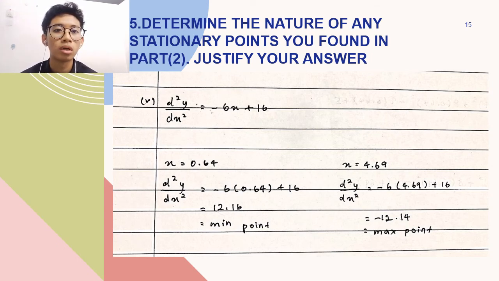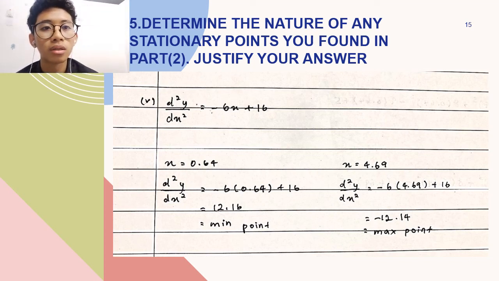We choose 0.64 and put it into the d²y/dx² equation: negative 6 multiplied by 0.64 plus 16 equals 12.16.